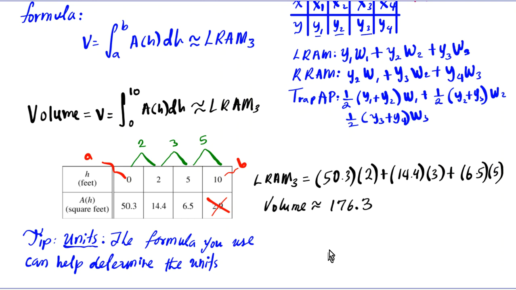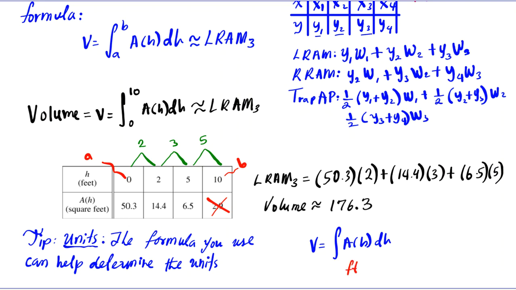So sometimes you ask yourself, what's the unit of this? You just go to the formula and then plug in the units that you're given into the formula. You're good to go. So for instance, in this case, the formula for volume that we're looking at was the integral of A of h times dh. Here, what's the unit for area? Square feet, right?